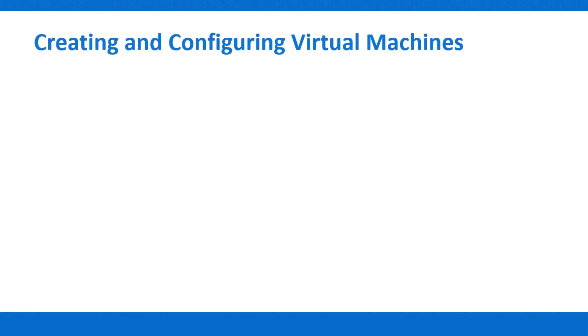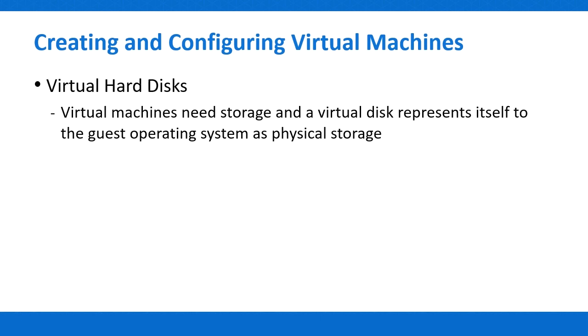So we begin with virtual hard disk, which, just like a physical server, as we said, a virtual machine needs to have a place to put things, the operating system, the applications. And the virtual disk represents itself to the guest operating system as physical storage.